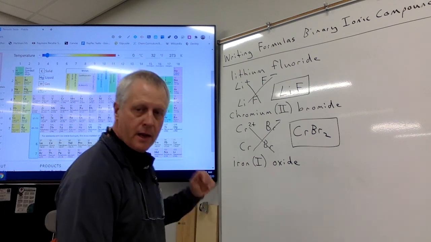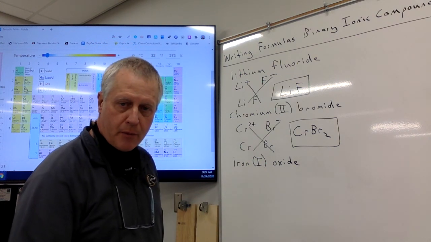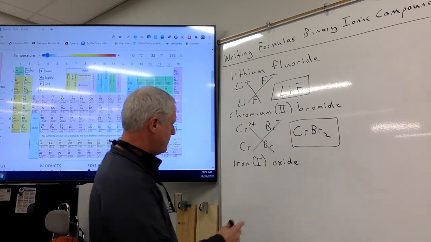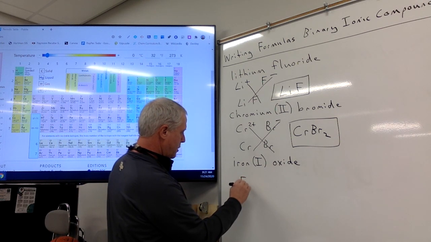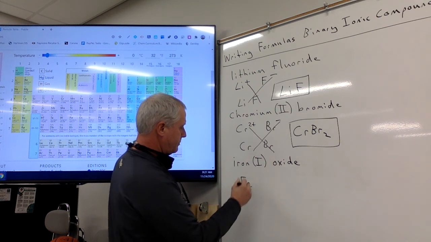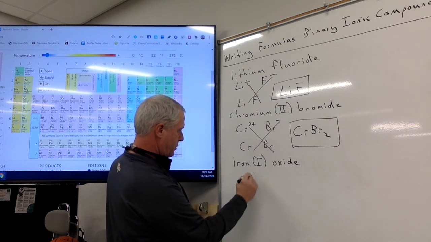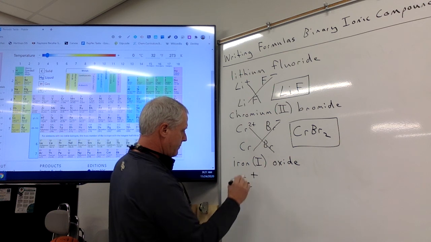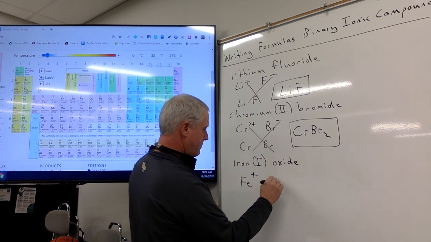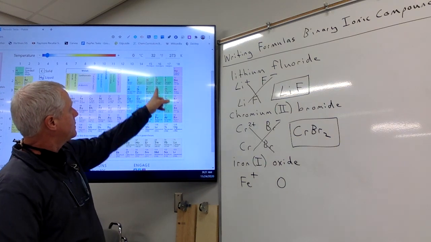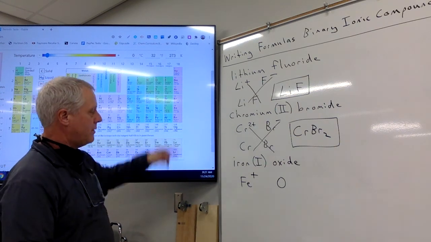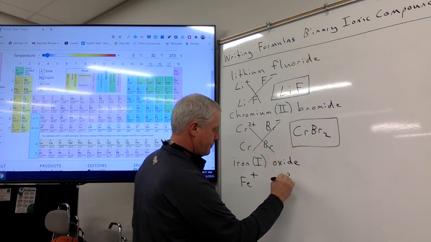Okay, so that's that. Now here's another example: iron(I) oxide. So we do our charges here, our ion representative charges. This would be a +1. Oxygen is 2-. It is a group 16 element that would always be 2-.